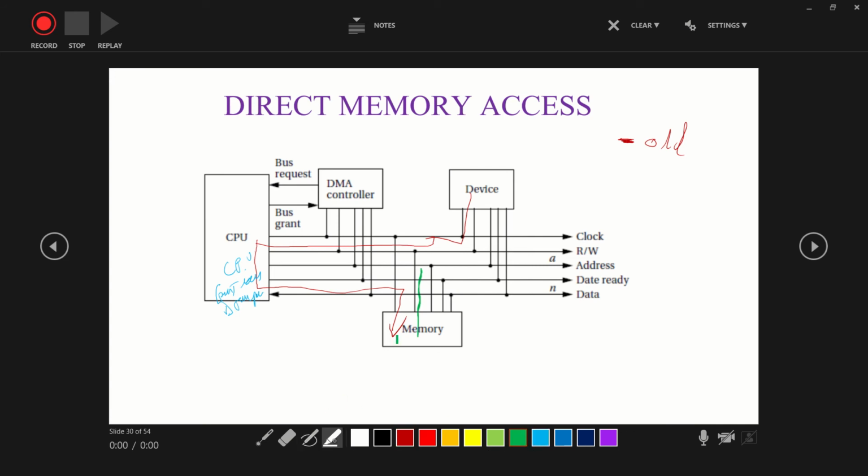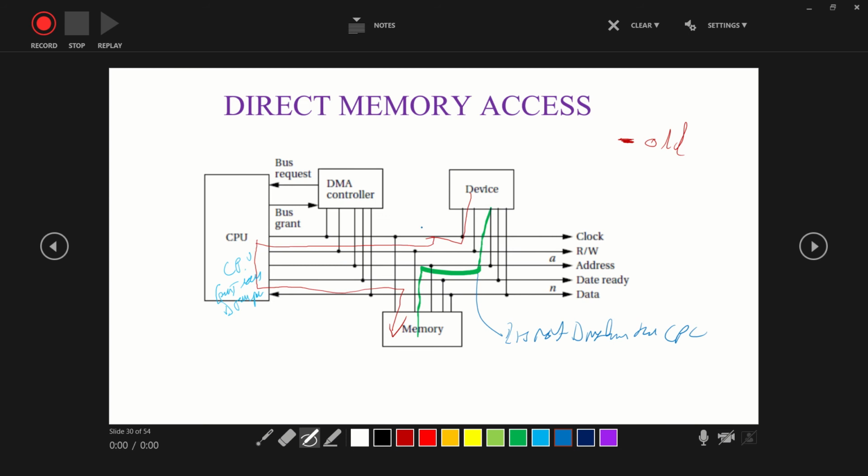It may go on like this, and again here there is no disturbance of the CPU.